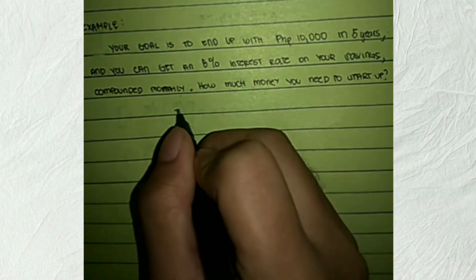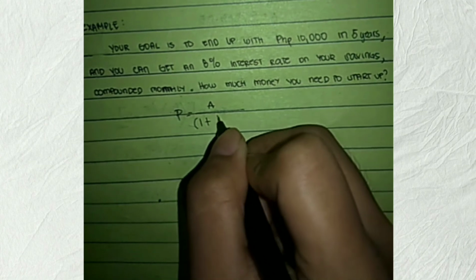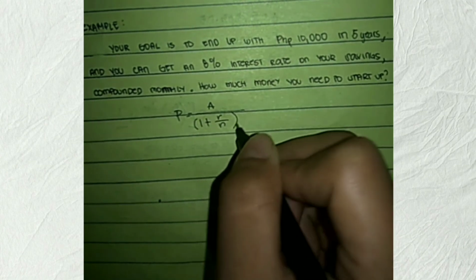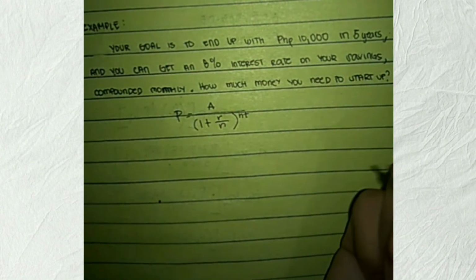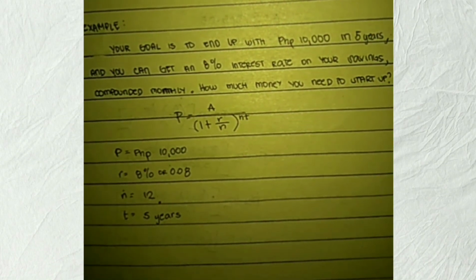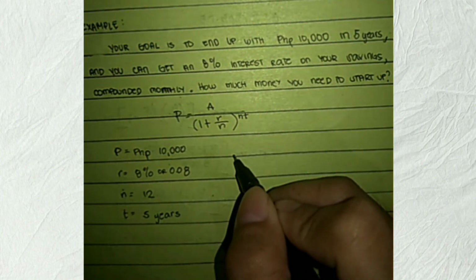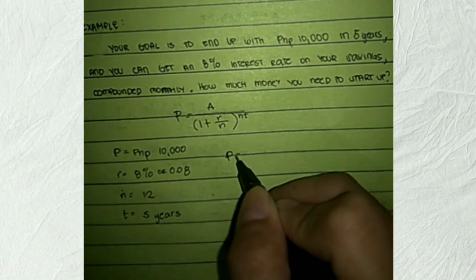Write our formula. P is equal to A over (1 plus R over N) with exponent of N times T. Next, we will organize the information that we need from the given problem. Now, we're going to substitute our given values in our formula.